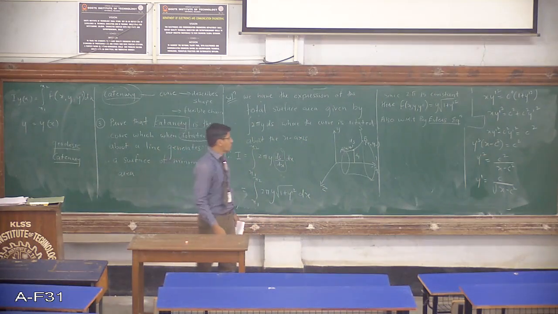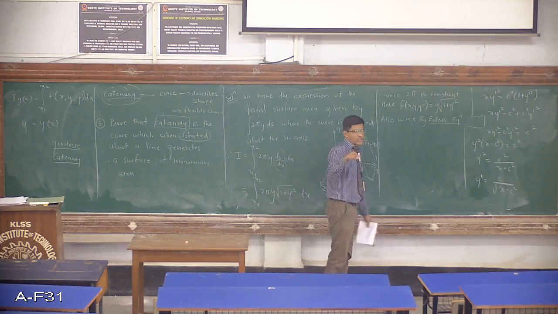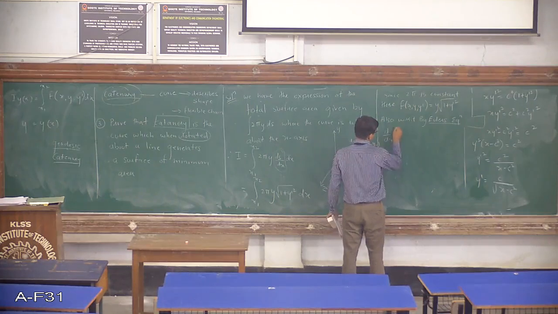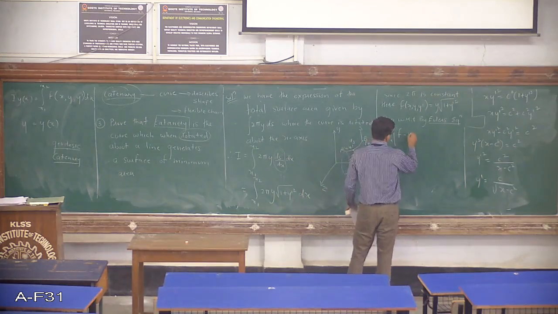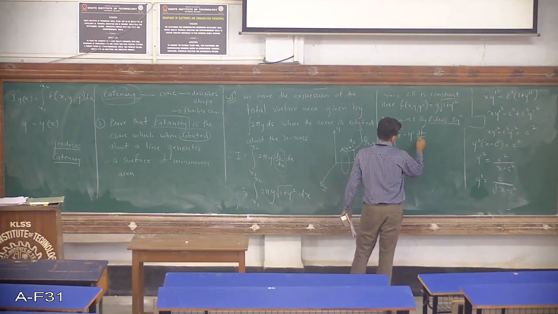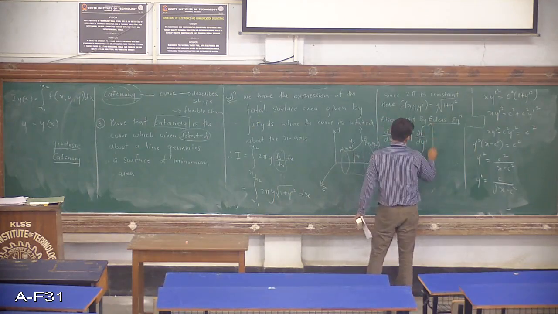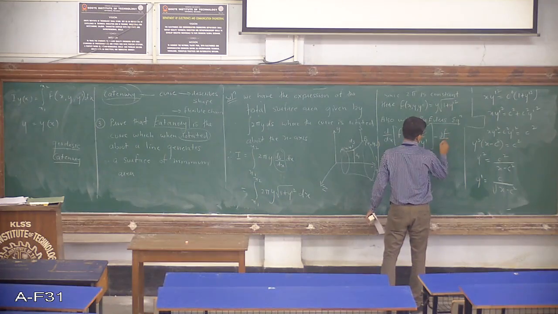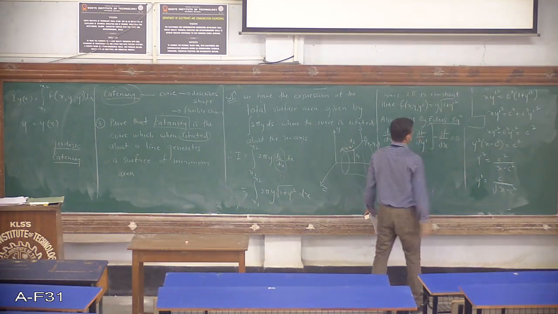One of the forms of Euler's equation, if you check, is equation 3, which is given by d by dx of f minus y prime dou f by dou y prime, minus dou f by dou x equal to 0.